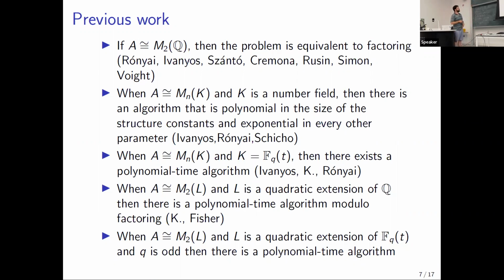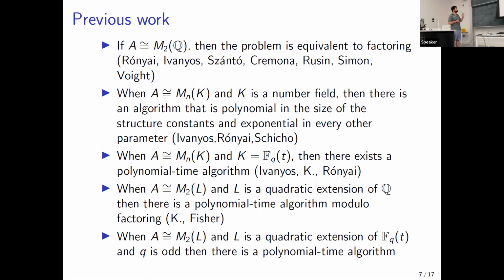Then when A is isomorphic to M_n(K) and K is a rational function field, F_q(t), then surprisingly this algorithm runs in polynomial time even in n. The reason is that non-Archimedean valuations are nicer than Archimedean ones. But this algorithm doesn't generalize to function fields of higher genus.